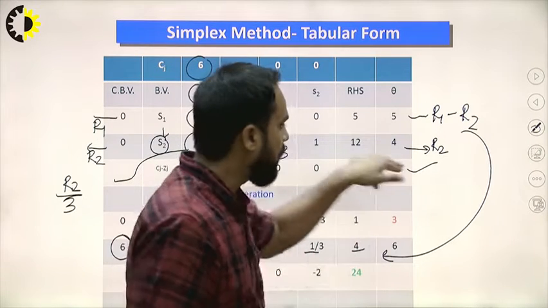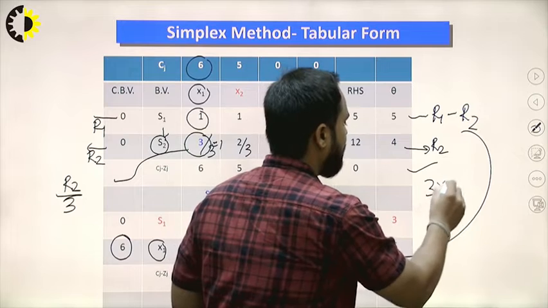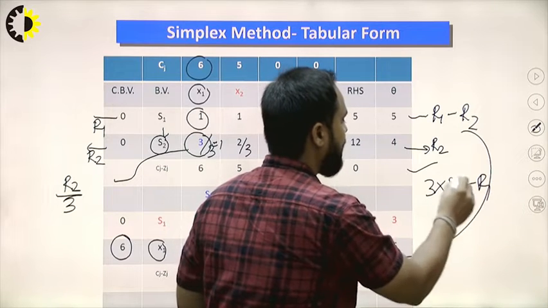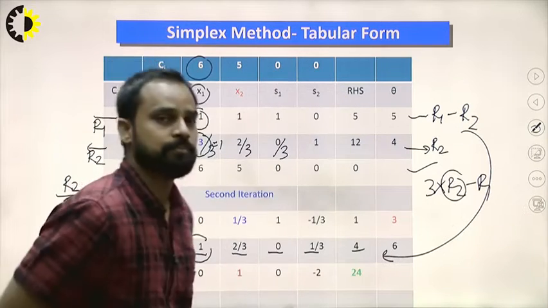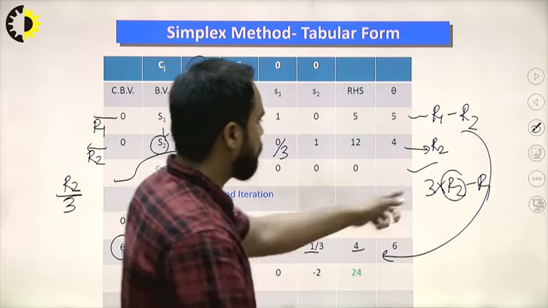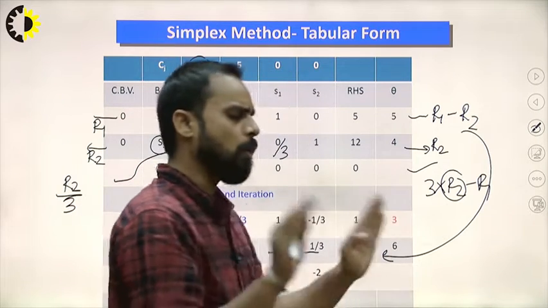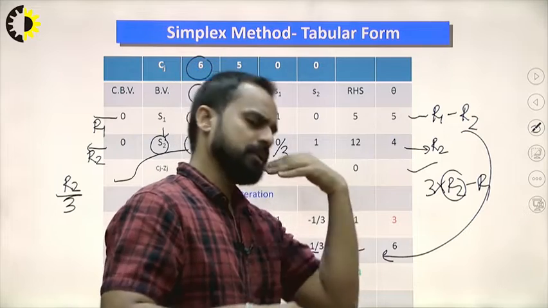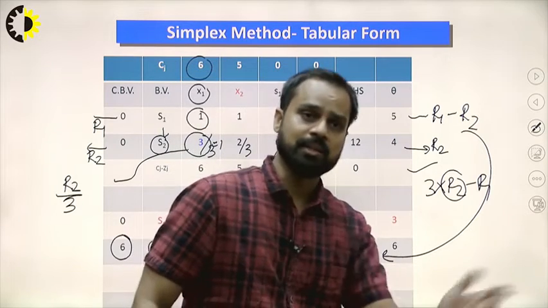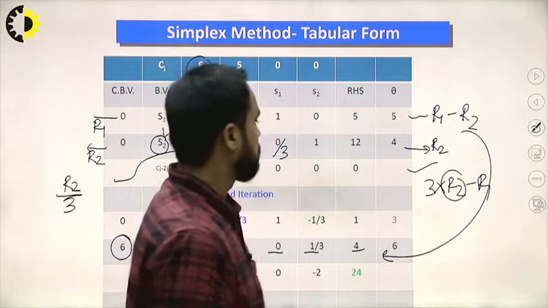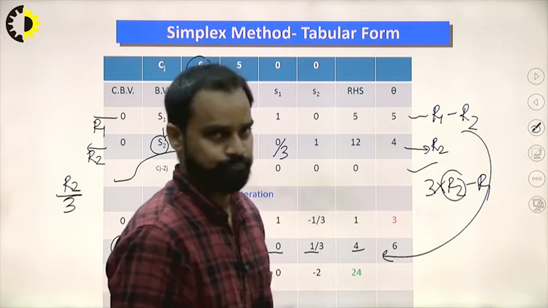If I apply it from R2, then I have to multiply by 3, R2 minus R1 like this, because I have already divided R2 by 3. So to avoid this confusion, always apply operations from a row other than the pivot element row. That's why I am applying R1 minus R2.